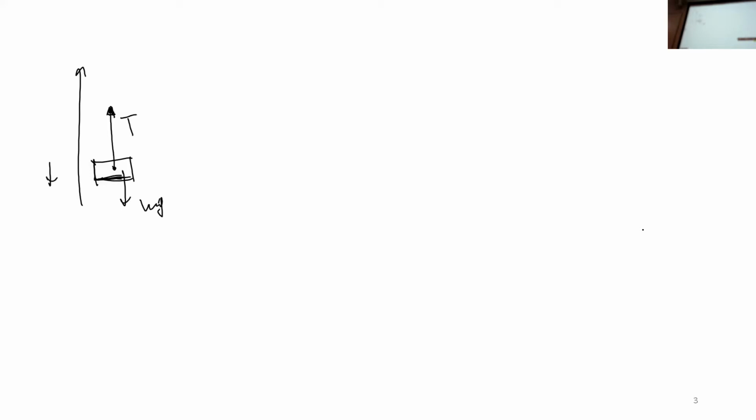Let's say it travels down. For this object only, kinetic energy changes due to work done by two forces: the work done by gravity and the work done by tension. That's for object number 1.